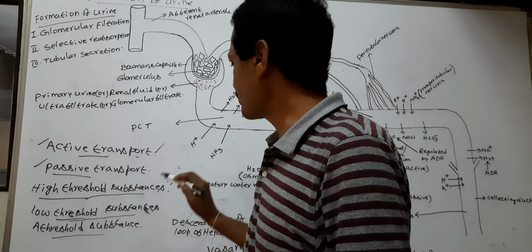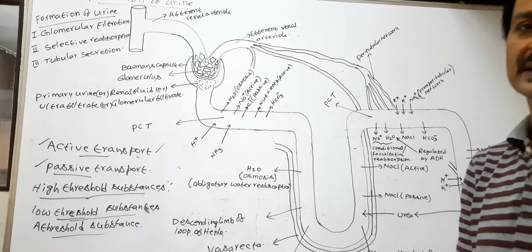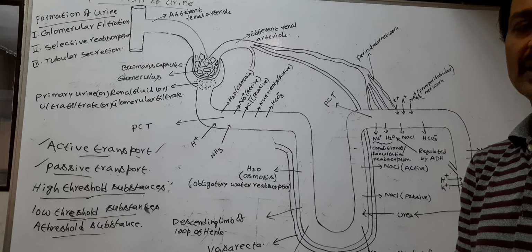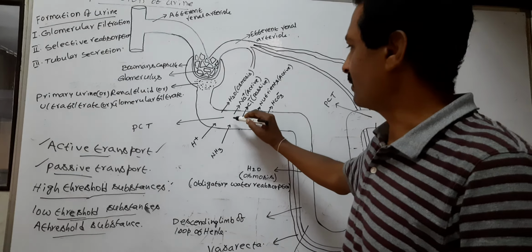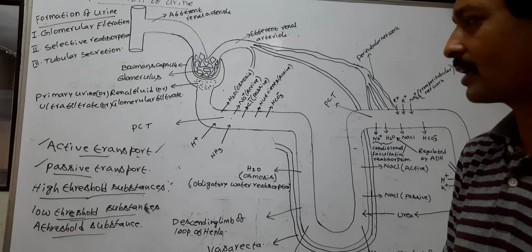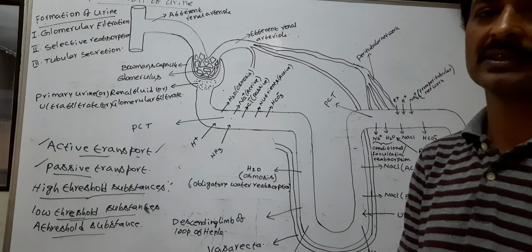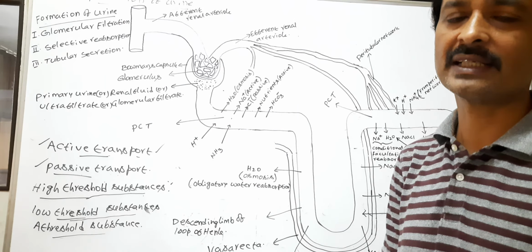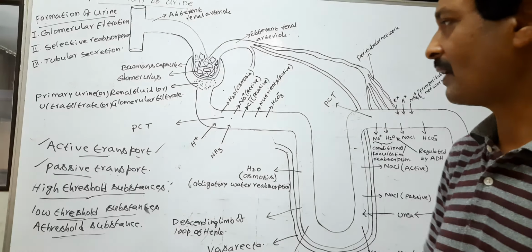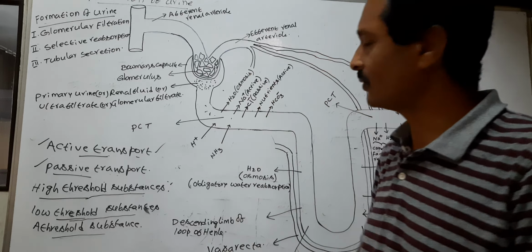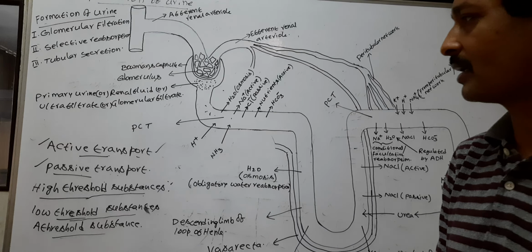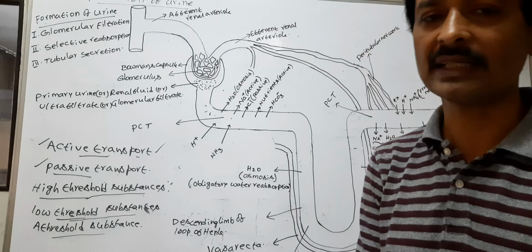What are high threshold substances? The essential substances which are efficiently reabsorbed from primary urine into blood through the wall of the nephron are called high threshold substances.